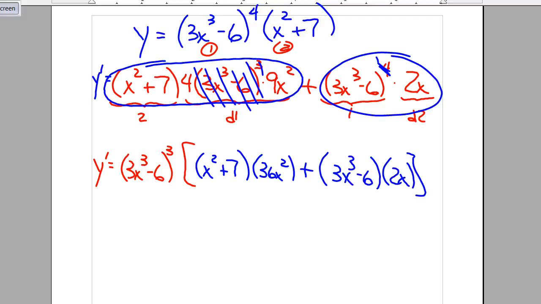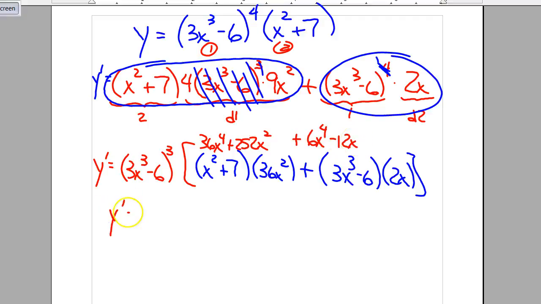And then we're gonna just combine the stuff on the inside. So if I distribute there, it's 36x to the fourth plus 252x squared plus 6x to the fourth minus 12x, and then just combine those.